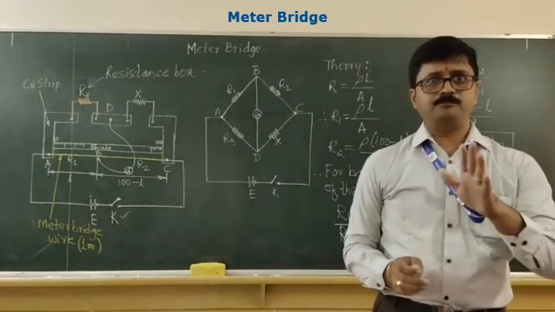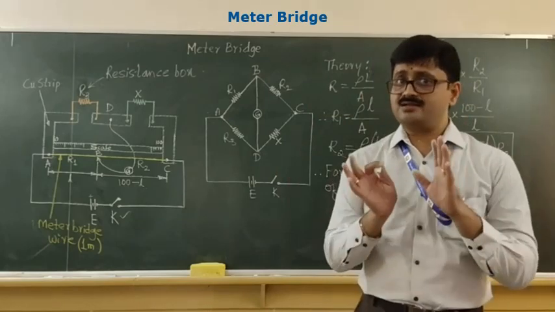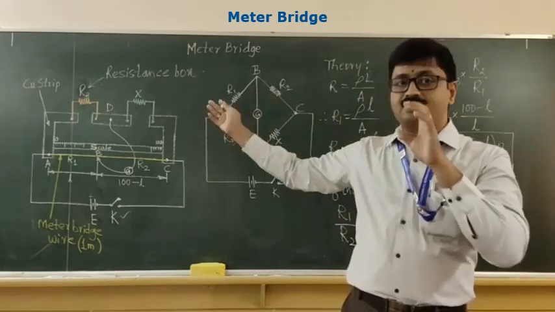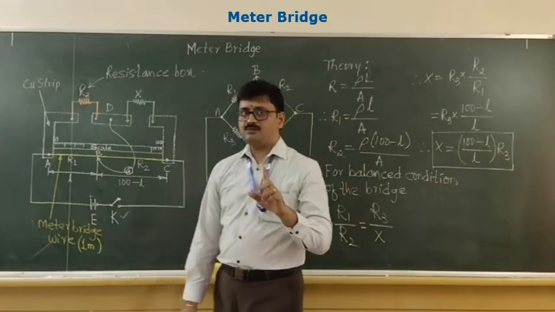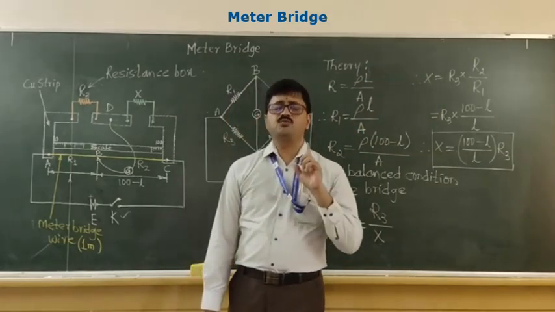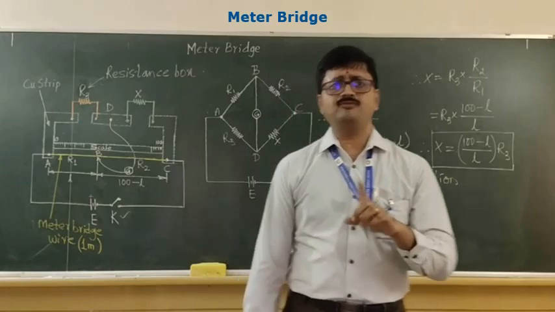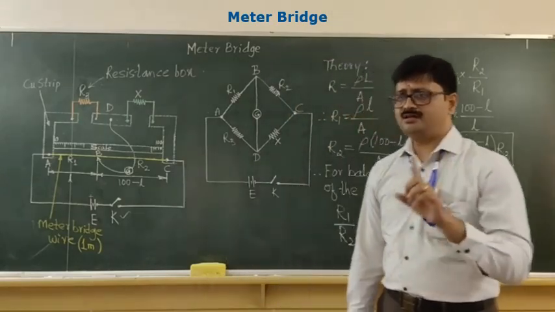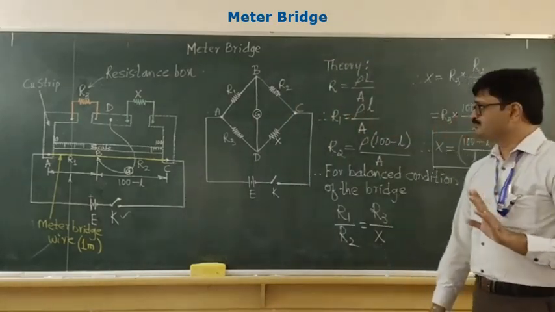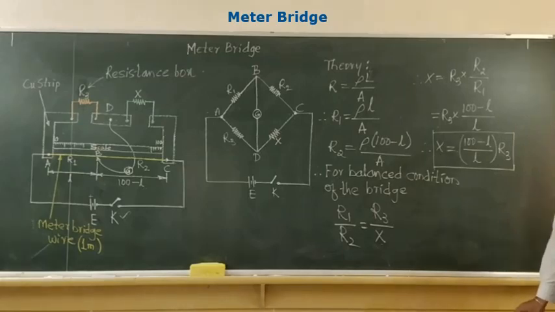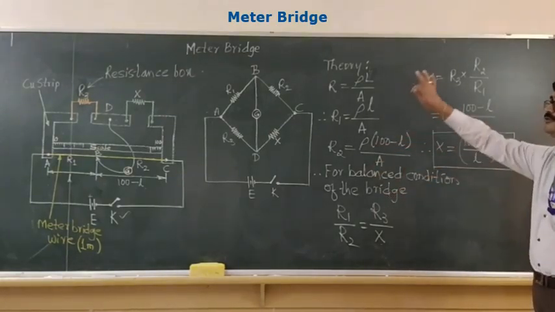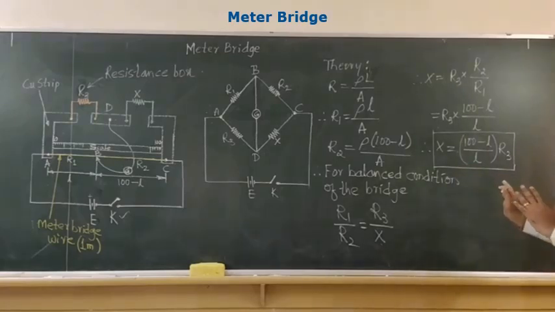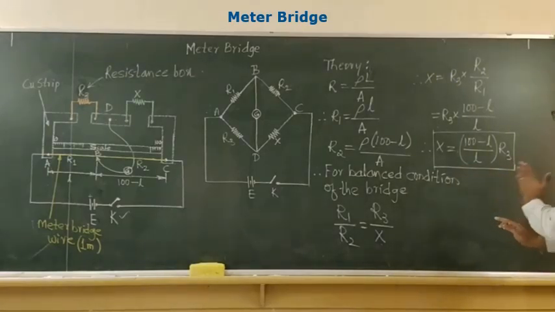I hope this experiment as well as the explanation on the construction of the meter bridge is clear to you all. Please remember that the meter bridge is one of the important applications of the Wheatstone bridge. So kindly remember this. I will be leaving this entire thing for your class once again. You just take a look over this entire part.